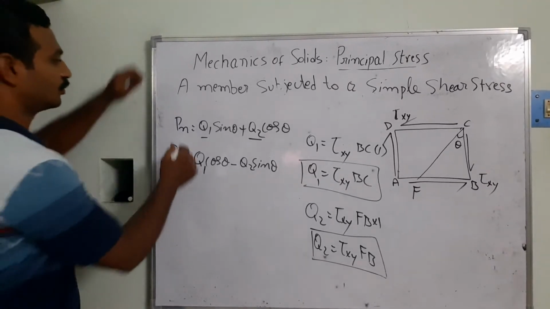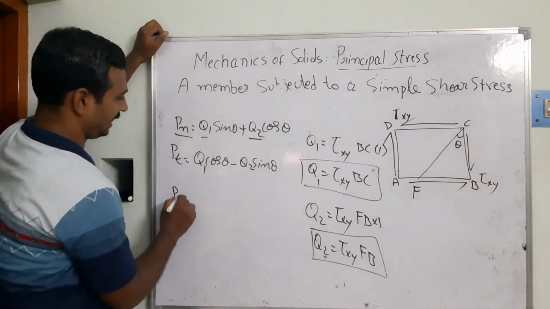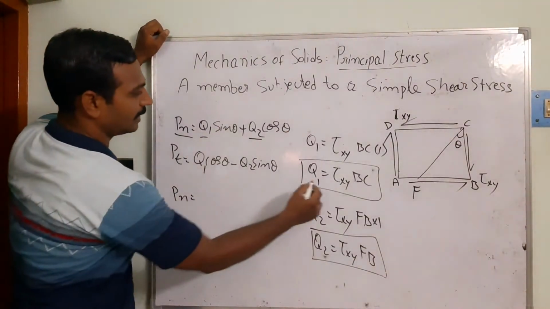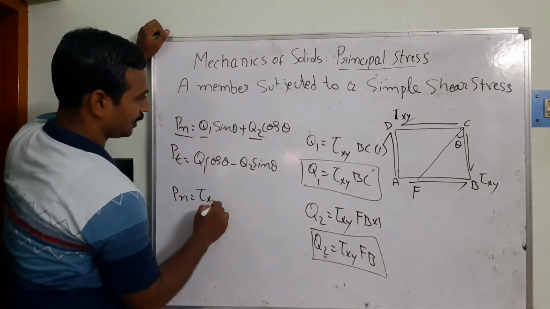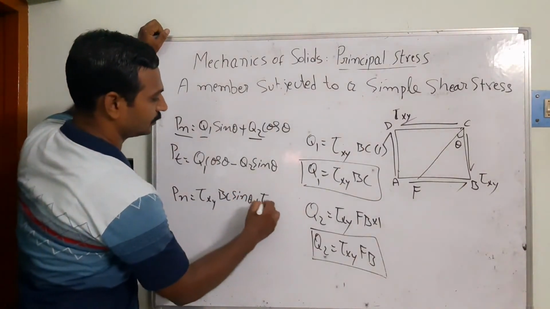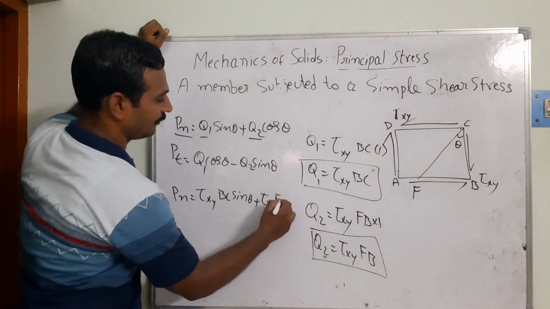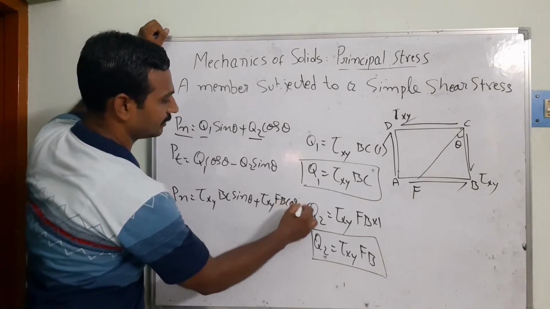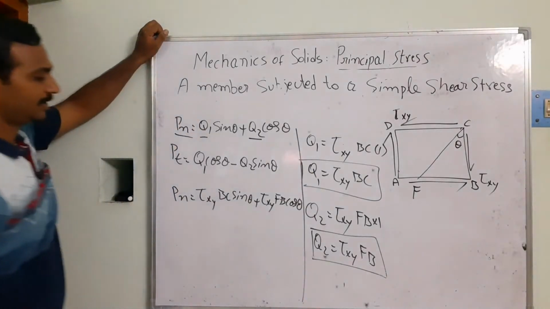So when I am substituting in this equation, Pn with Q1 will become tau xy BC sin theta, and Q2 is equal to tau xy FB cos theta. Alright, we got it.